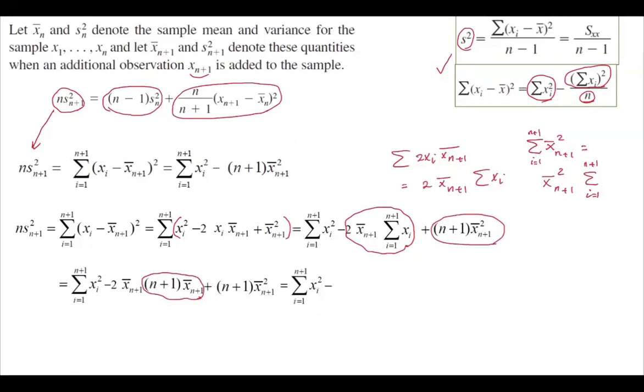Again, you can rewrite this as the summation of xi's to the second power minus, if you simplify these two, you have negative 2(n+1) plus (n+1), which gives you negative n+1 times xn+1 bar to the second power. Again, this can be written as the summation of xi to the second plus xn+1 to the second minus n+1 times xn+1 bar to the second power.